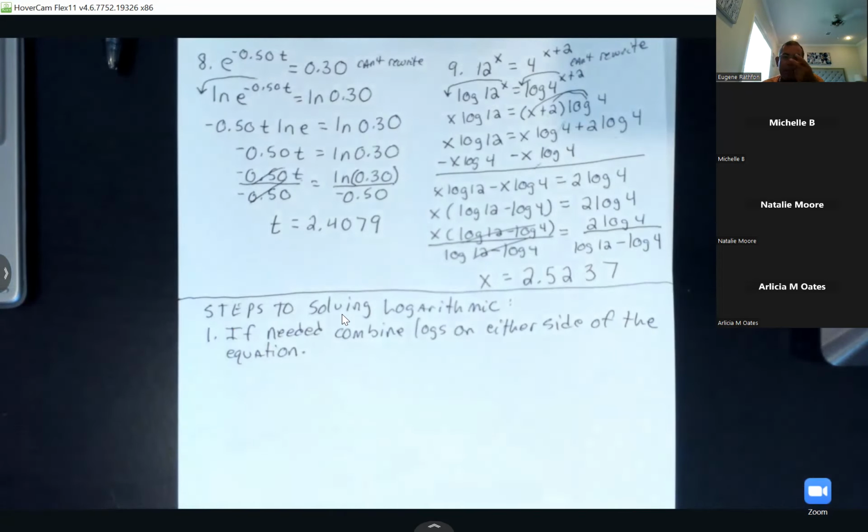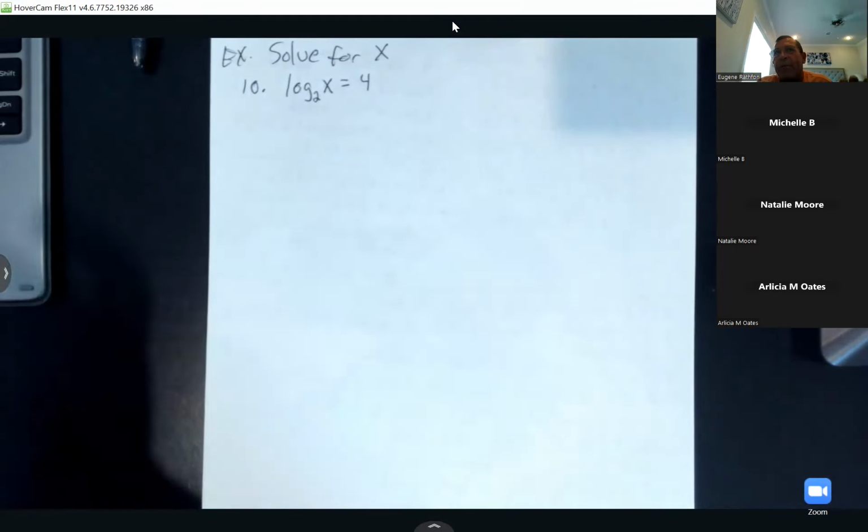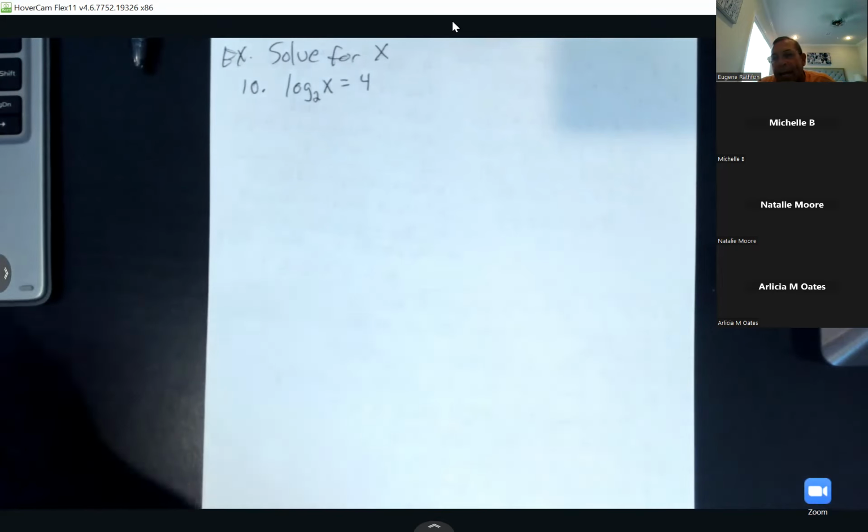So if you notice a while ago, when I had the exponential, if I could rewrite them with the same base, that was fine. But to solve the exponentials, I had to take logs. Well, here, if I don't have a log on both sides, I got to solve the logs by doing the exponential stuff. So guess what? We do not have a base on a log on both sides. So the only thing we can do, we're going to rewrite this as exponential.